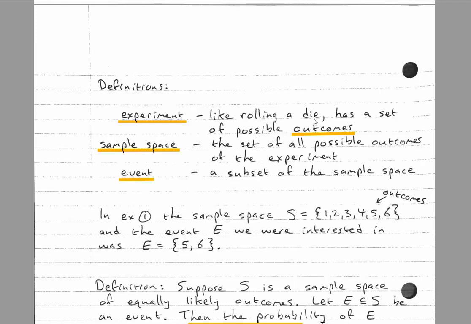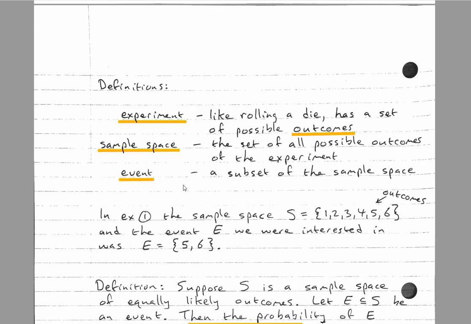It's something that's going to happen in the future, and it has a set of possible outcomes, the different things that can happen. The sample space is just the list or the set of all possible outcomes of the experiment. It's a funny name, but you're just looking at every possible thing that can happen in the experiment.